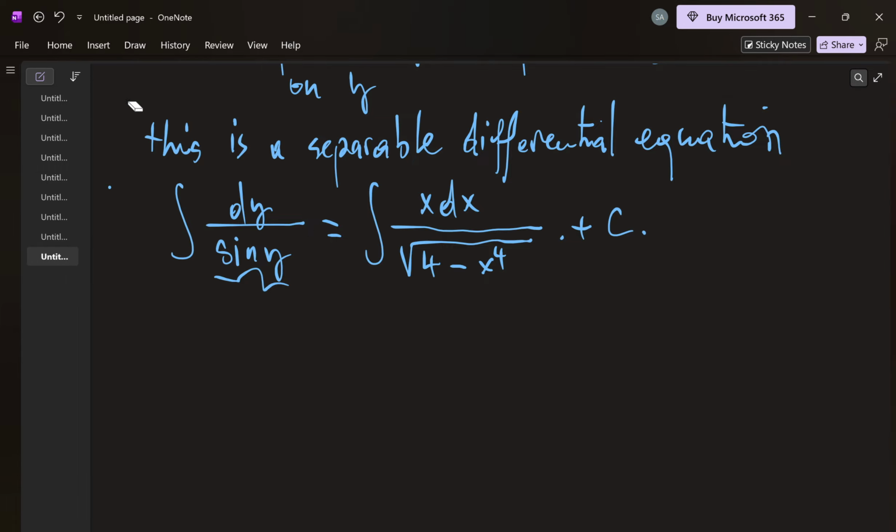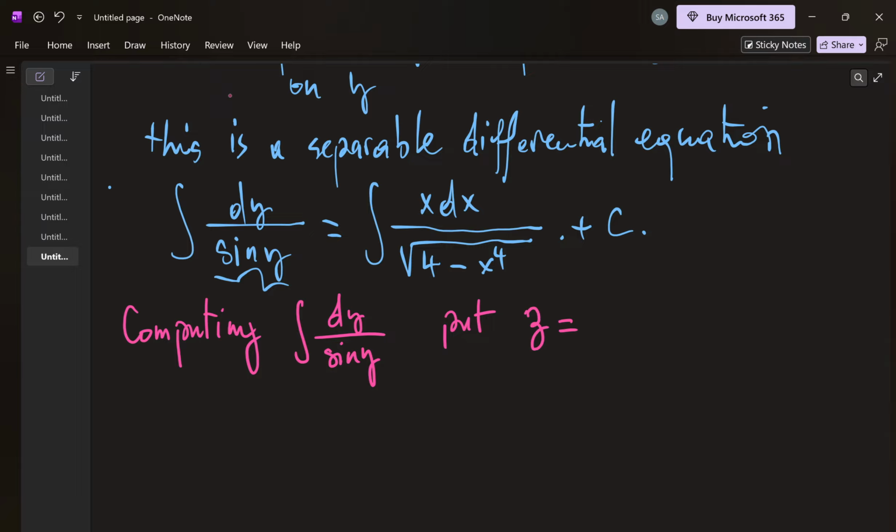Sorry. So now we do a change of variable, computing the integral of dy over sine y. So we put a variable z equal to tangent y over 2.